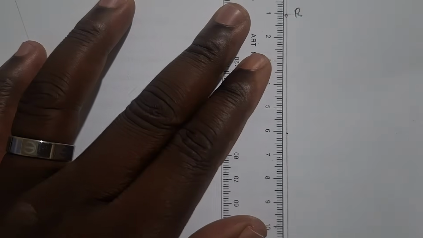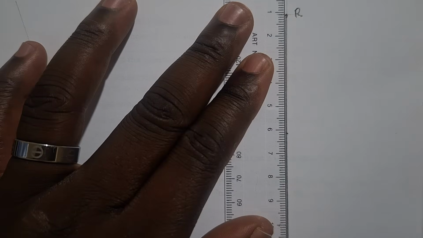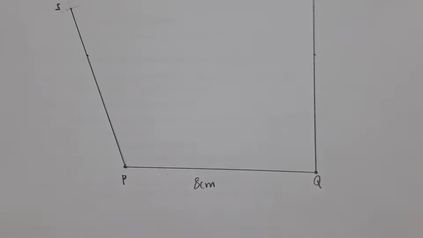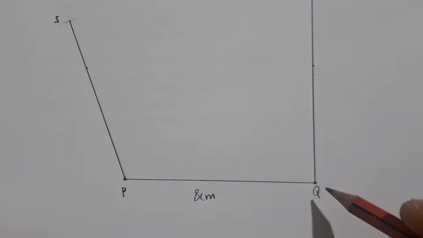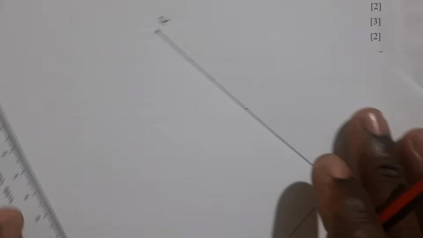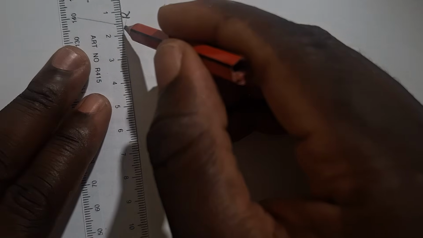And then you can now do a bold line. So this is actually our bold line. So from this point, since now we know where R is, where Q is, where S is, where P is, we can now join SR. You can join.